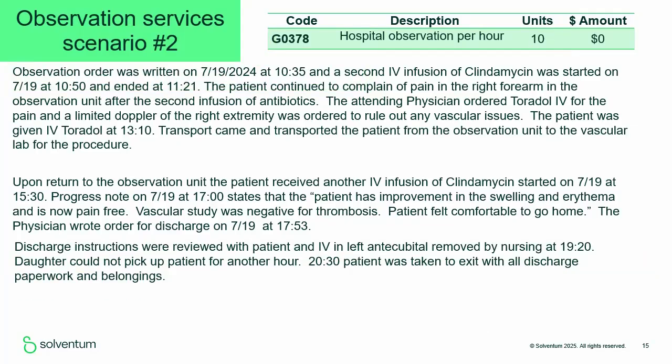Documentation is key when carving out time for observation services. Some facilities may have policies set that recognize the amount of time it takes for certain tests, and that time is deducted from the observation time, whereas others have to depend on the times documented within the note.